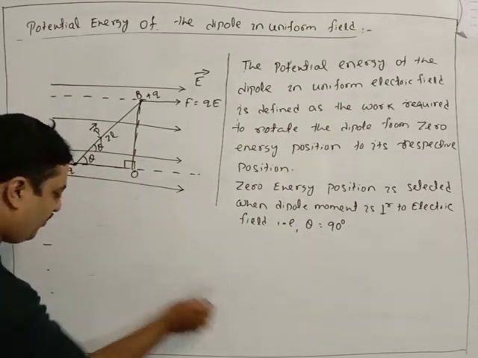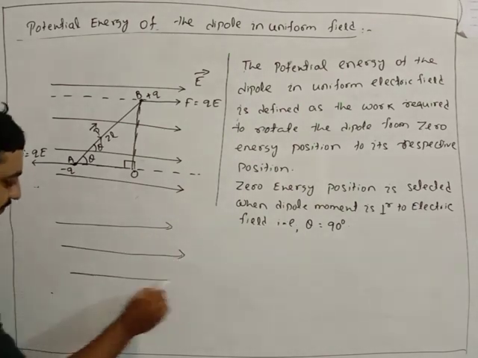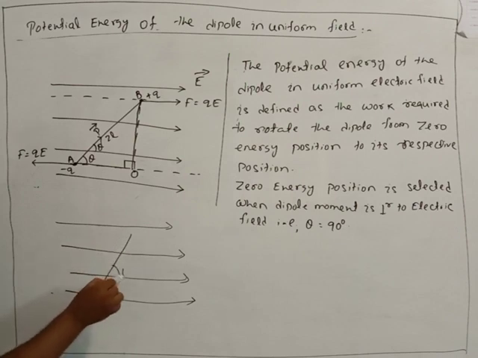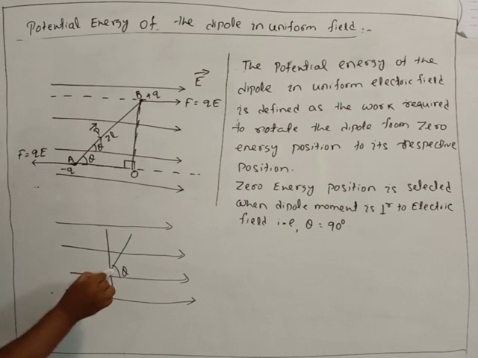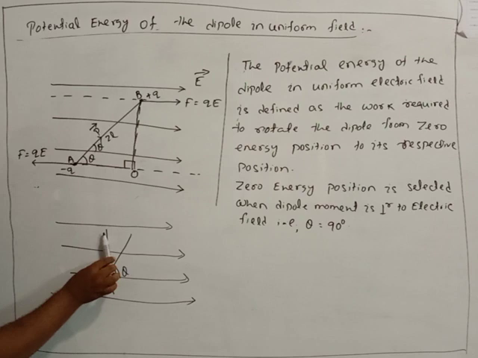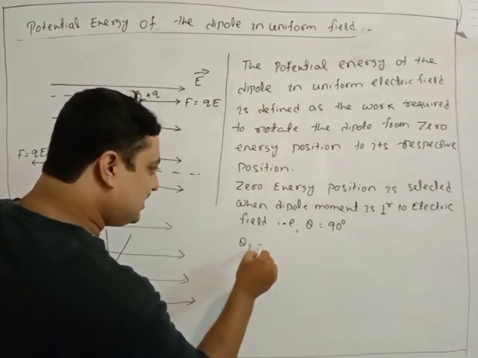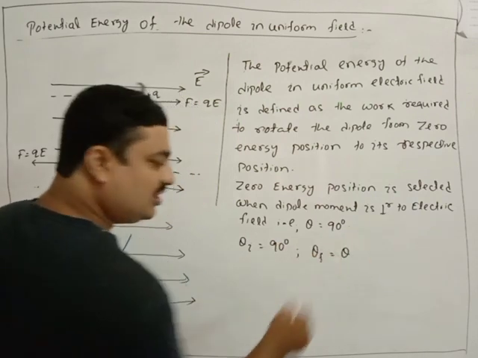So what is the meaning of potential energy? Let this be the uniform electric field. The dipole is at an angle theta. Consider the dipole is initially perpendicular to the field. The work required to rotate it to this position, that is the potential energy. Now the initial position is 90 degrees, and the final position is theta.